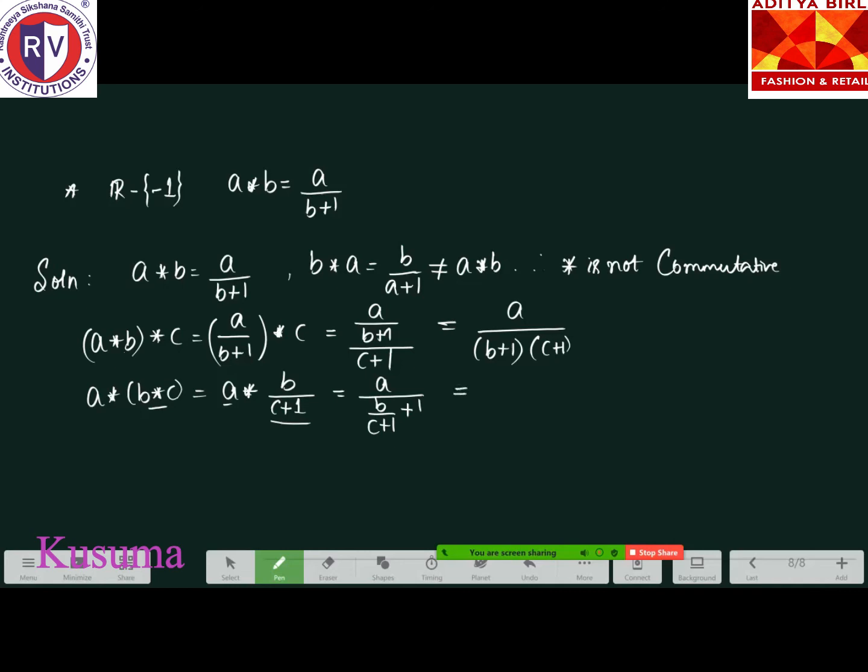Which can be further written as a by (b plus c plus 1)/(c plus 1), or a into (c plus 1) divided by (b plus c plus 1). Clearly, this is not equal to (A star B) star C. Therefore, star is not even associative.